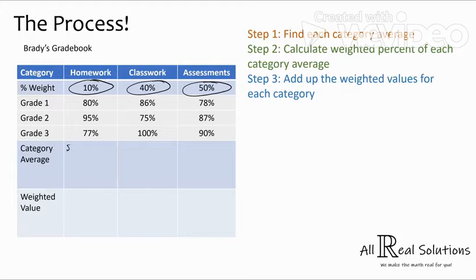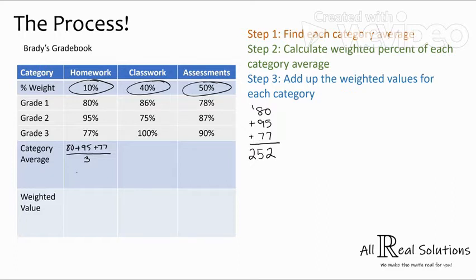So we're going to take 80 plus 95 plus 77, add that up and divide it by 3. I'm going to do my scratch work off to the right. So it's going to be 80 plus 95 plus 77. We have 252.